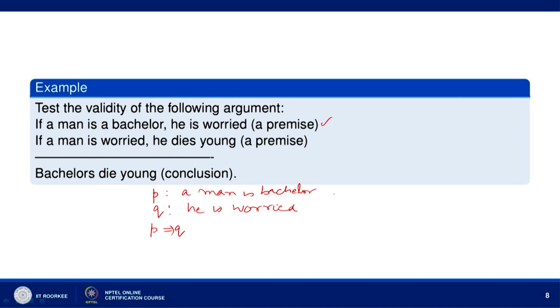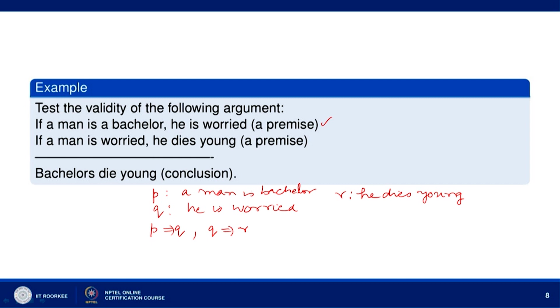So, let R denote he dies young. Then the second premise can be written as Q implies R.